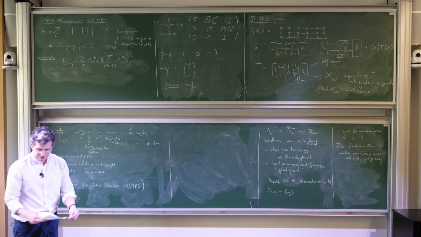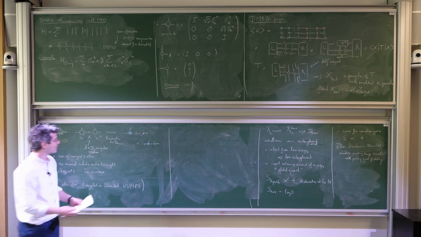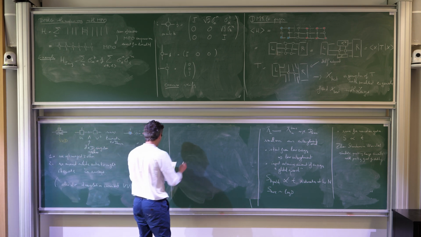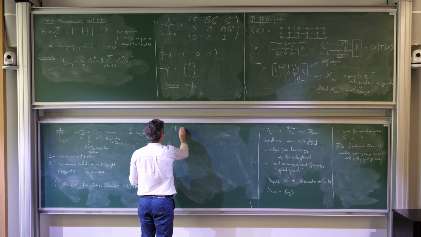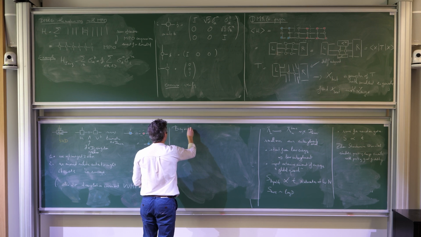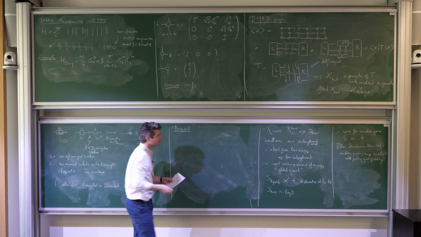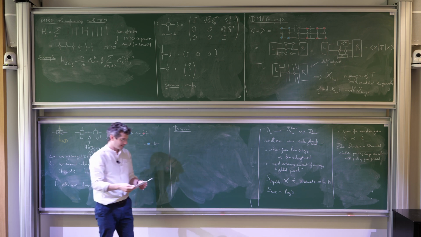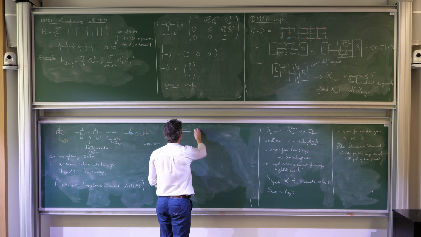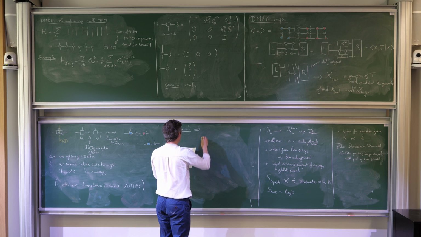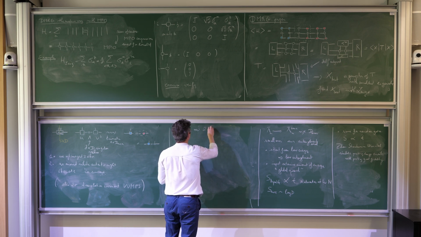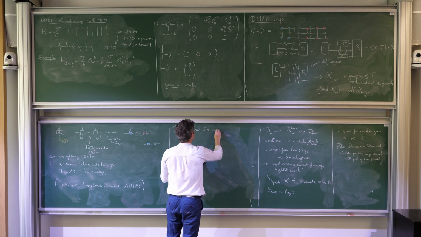But it would be dishonest to not mention the difficulty in going to higher dimension. So if we go beyond MPS, what we'll see is that at a bird's eye view, things are the same, but in the details, everything is much more difficult. So 2D and more.